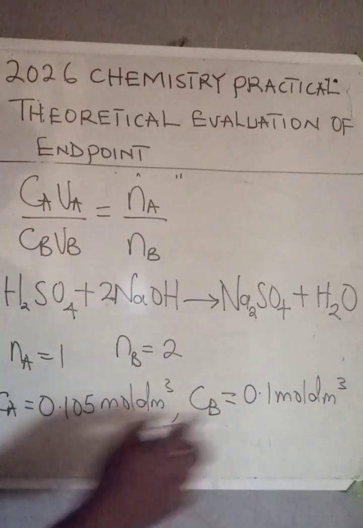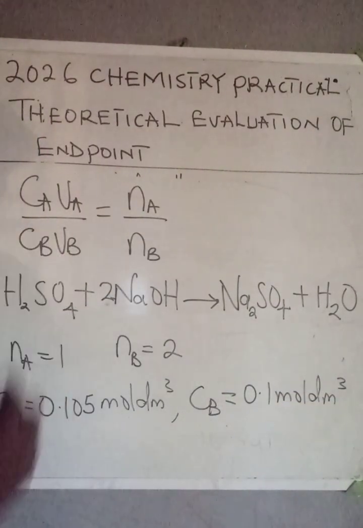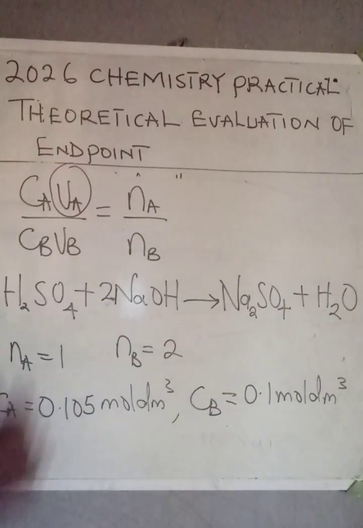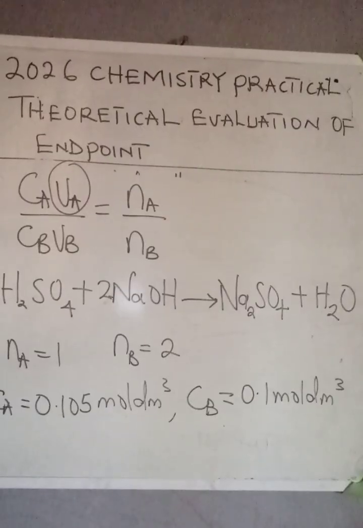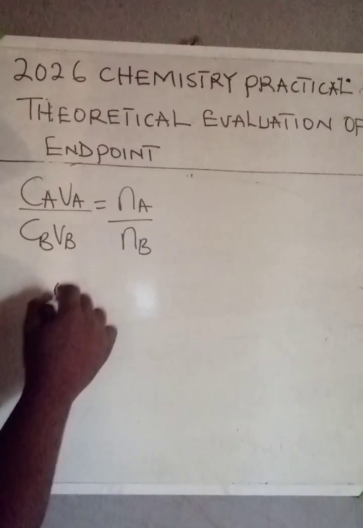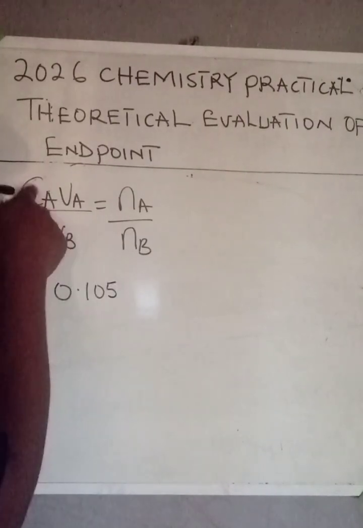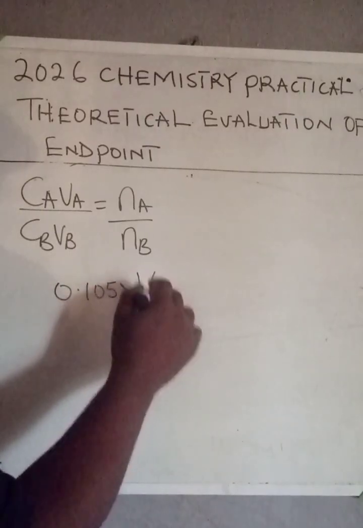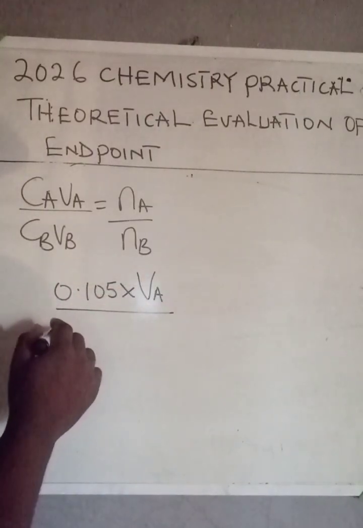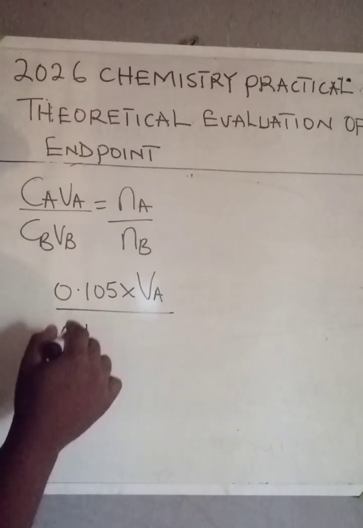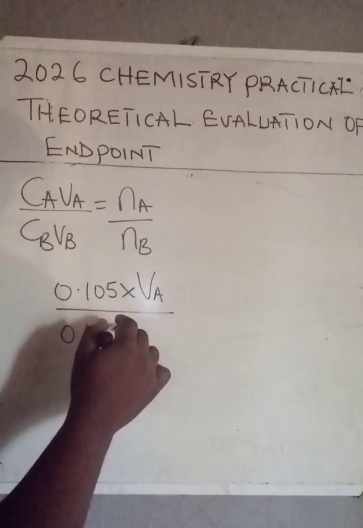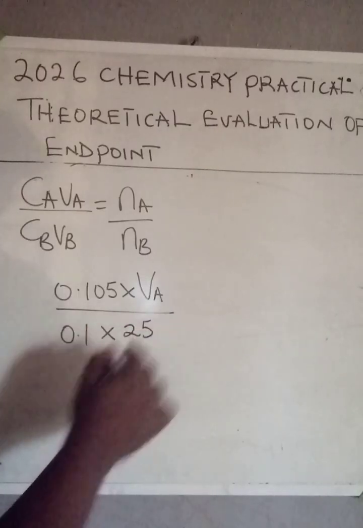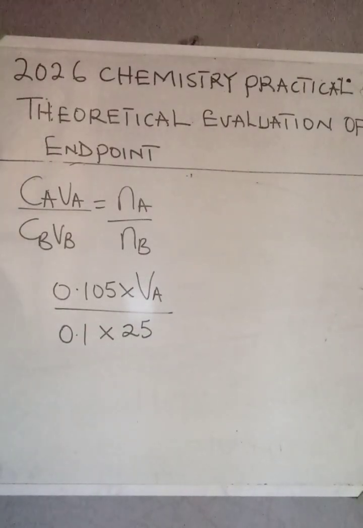So we can substitute all these parameters in this equation for us to be able to calculate the VA, which is the expected endpoint. Substituting, we have 0.105, which is CA, times VA, all over the concentration of the base, that's 0.1, times the volume of the base, which is the volume of the pipette that your school will use on that day.